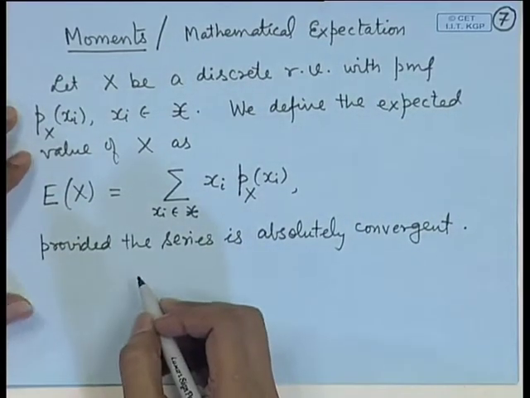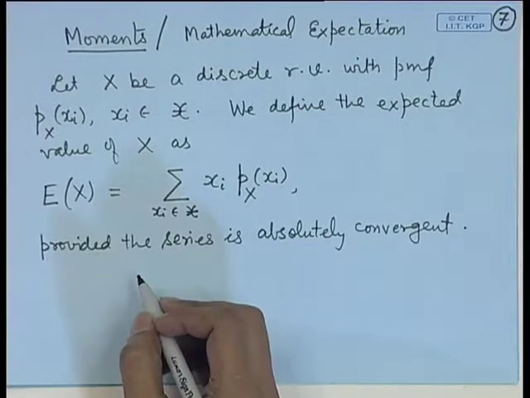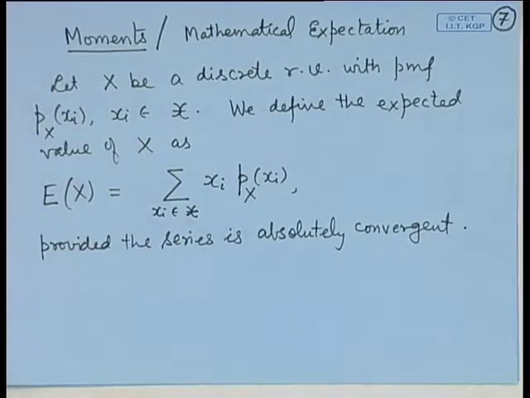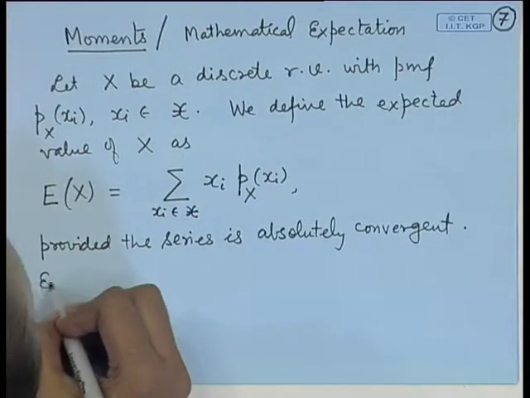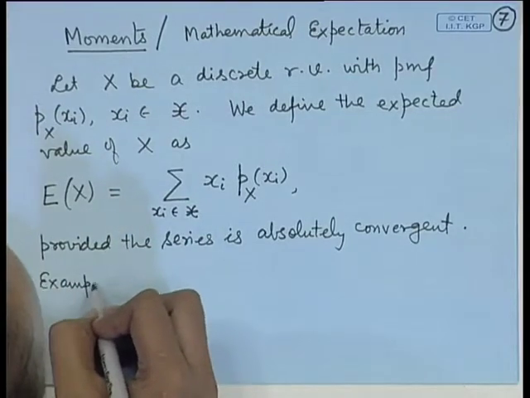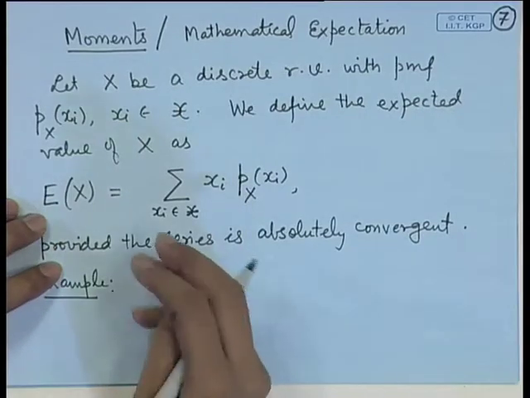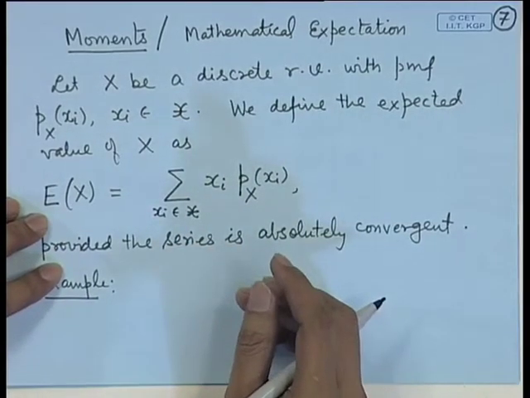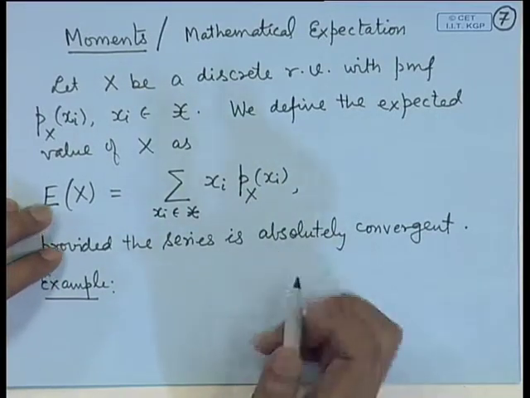Let us consider some examples. Let us take the example of defective computers purchase. That means, a store had a certain number of computers and a person purchased 2 computers.